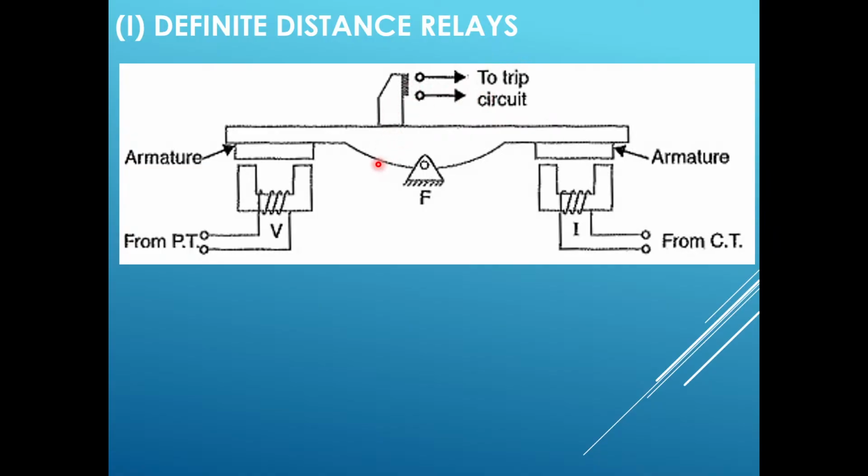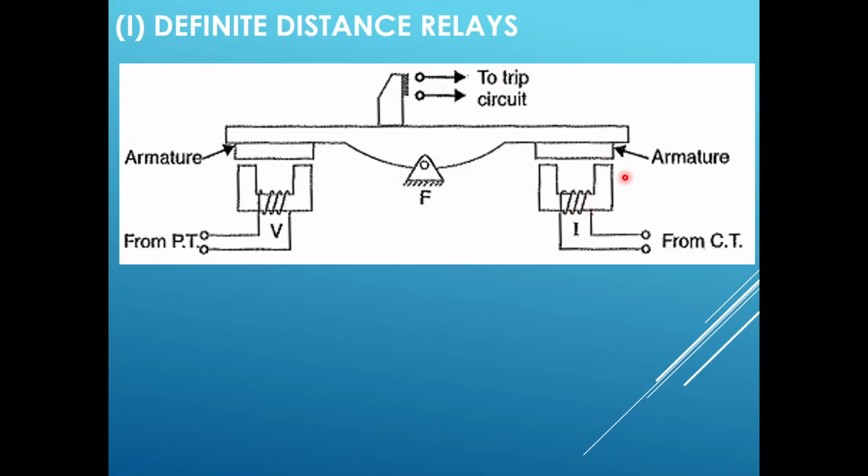This relay has been designed in such a way that under normal operating condition, the torques produced by the two electromagnets are in opposite directions, so both torques oppose each other. The torque produced by the voltage given to this electromagnet is the restraining torque, and the torque induced by the current flowing through this coil is the operating torque.